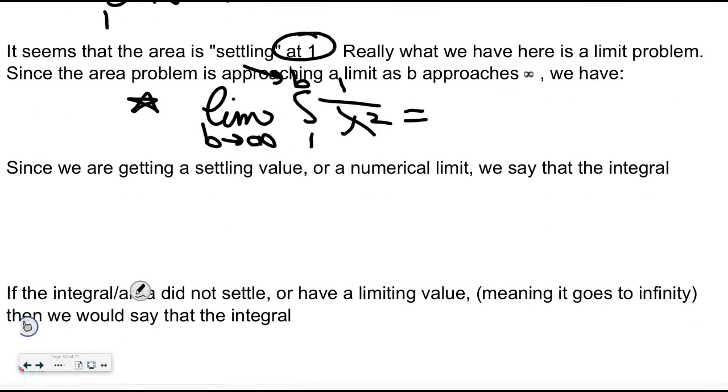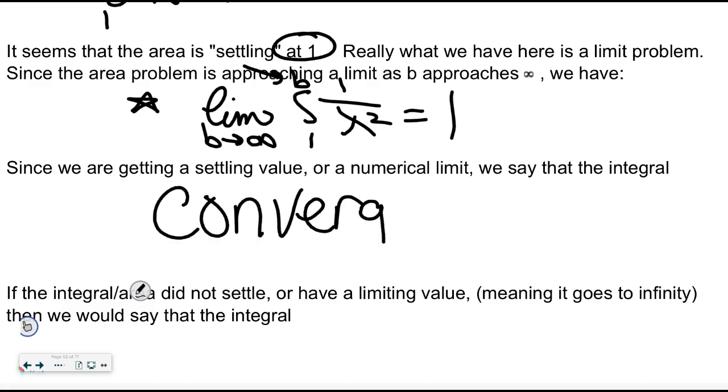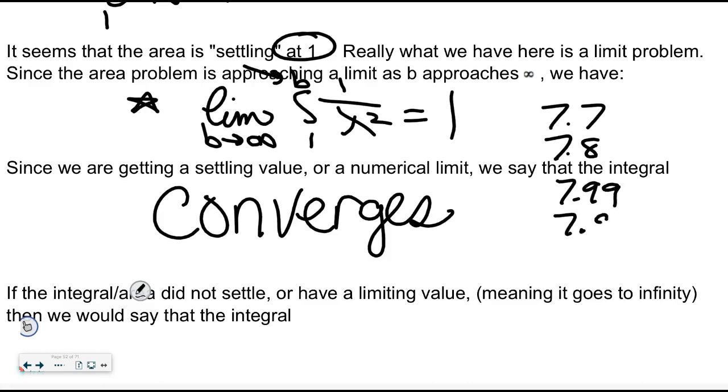It looked like that was 1. And it is. We'll prove it in just a second. But we say that that integral converges. So when you get a finite number that we appear to be settling at, we say it converges. So if you're doing the Delta Math and you get a 7.7, then a 7.8, then a 7.99, then a 7.99999, right?